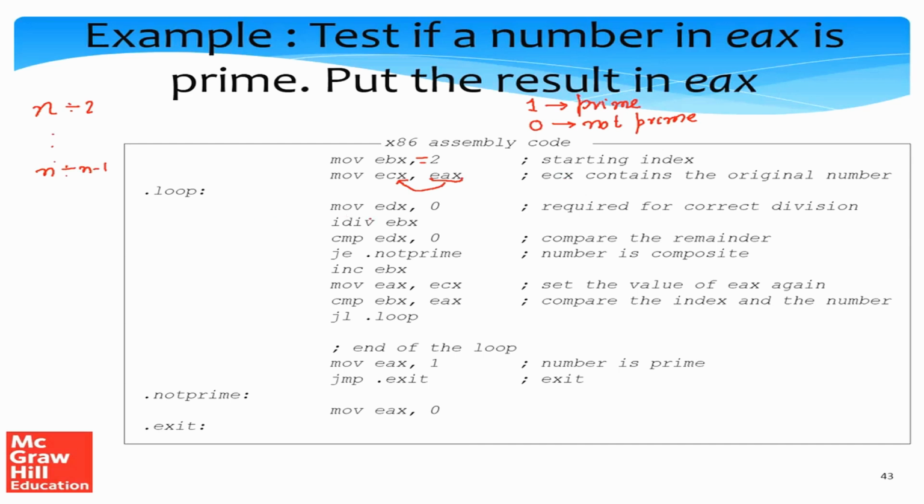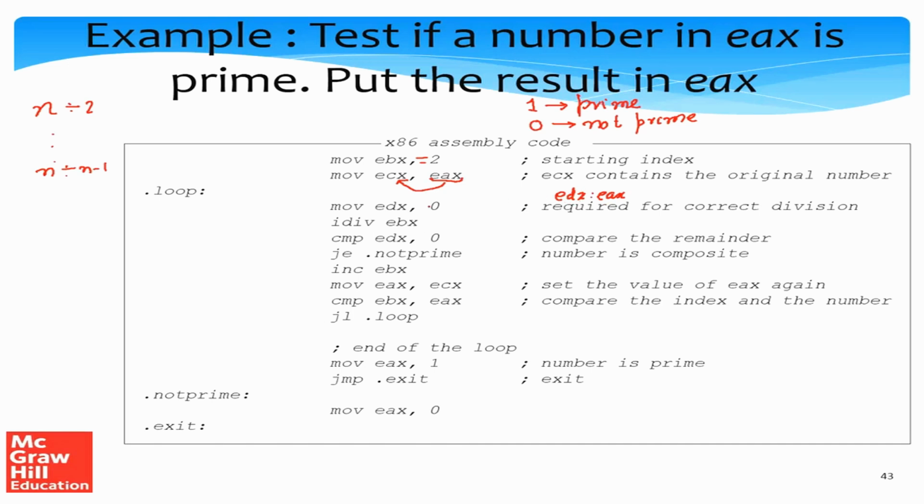Since the original number is in EAX now, this is required for correct division. Recall that the IDIV instruction needs a 64-bit number in EDX and EAX. Since the original number is in EAX also, we can go ahead with the division, but we need to set EDX.